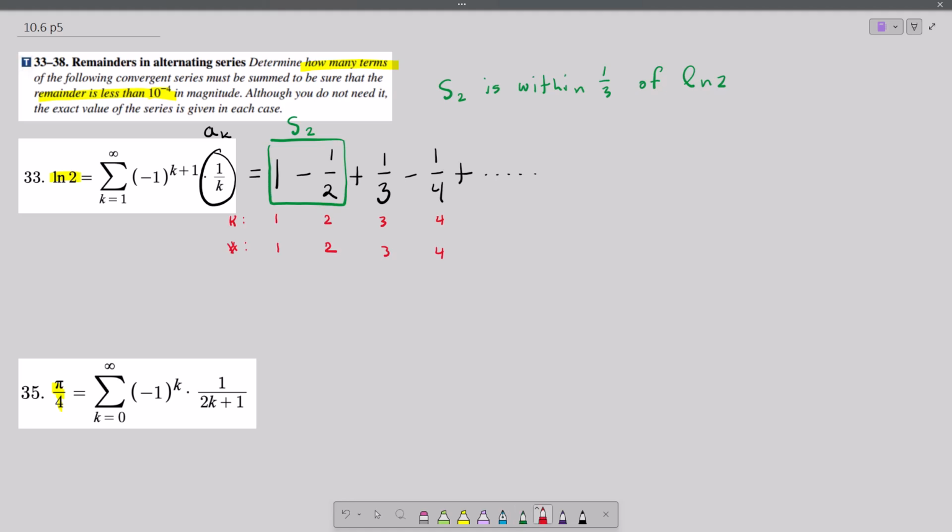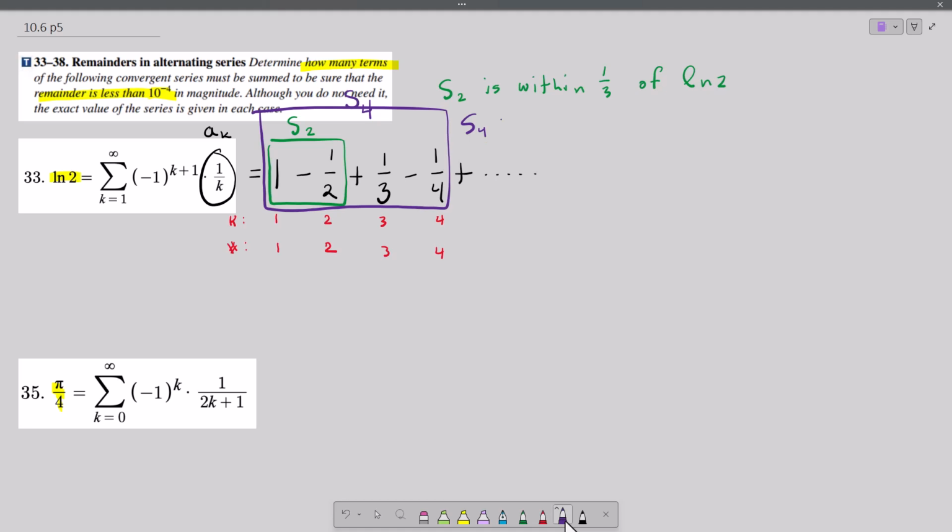If we added up the first, say, let's get a different color. So let's suppose we added those up. What number is that going to be designated? S sub what? 4. S sub 4. We've added the first 4 terms together. So the purple is S sub 4.